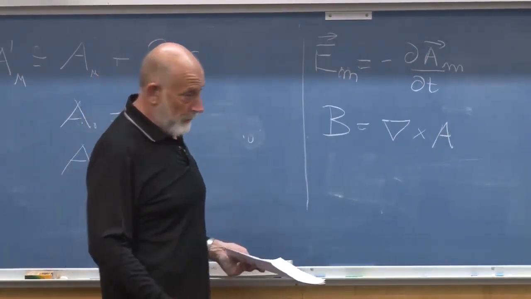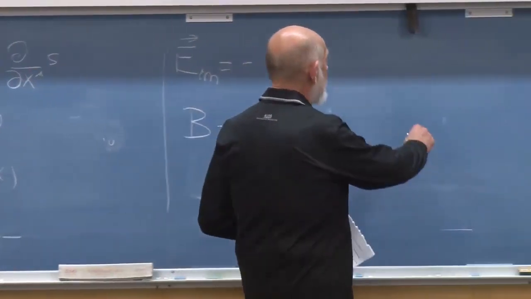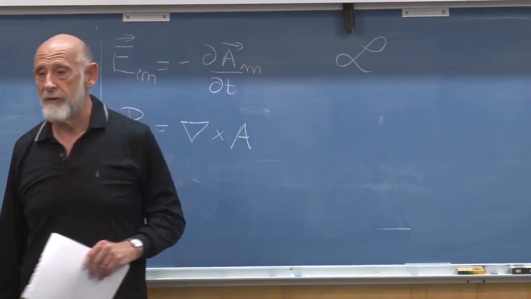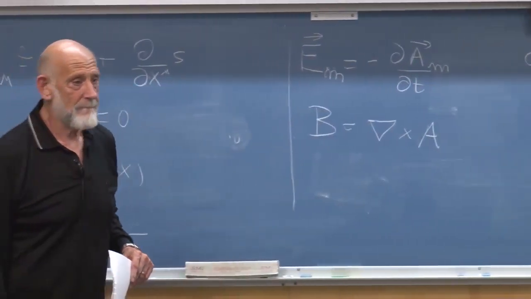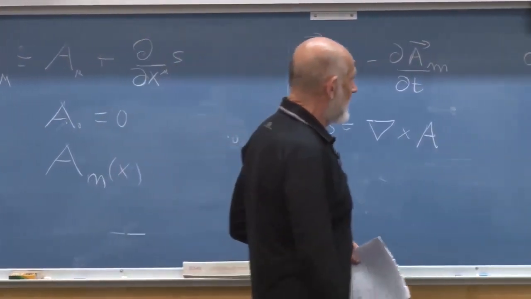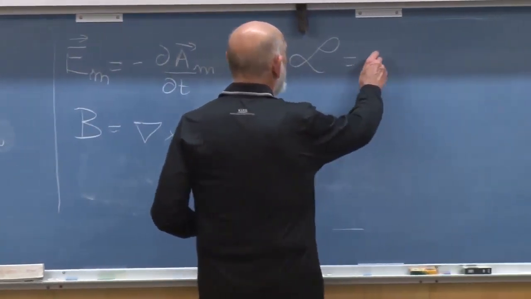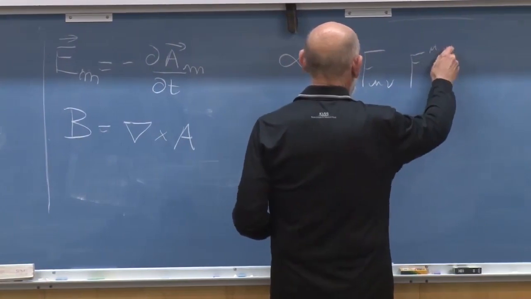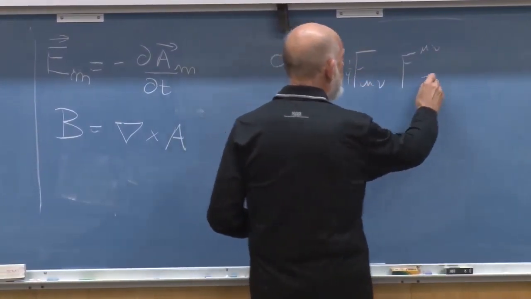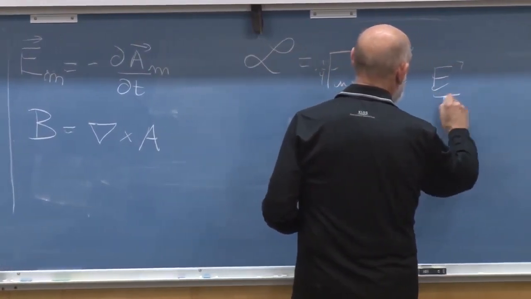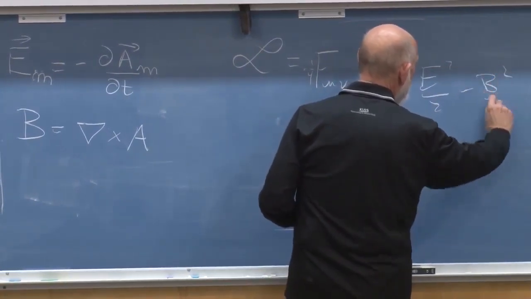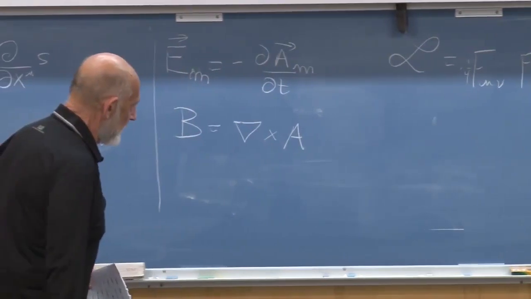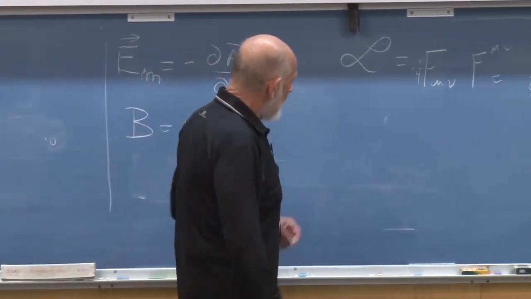Okay, what about the Lagrangian? Remember what the Lagrangian is in terms of the electric and magnetic fields? It's minus a quarter F mu nu squared, but that happens to be equal to E squared over 2 minus B squared over 2, the square of the electric field minus the square of the magnetic field.